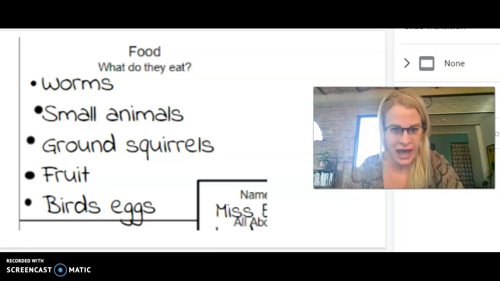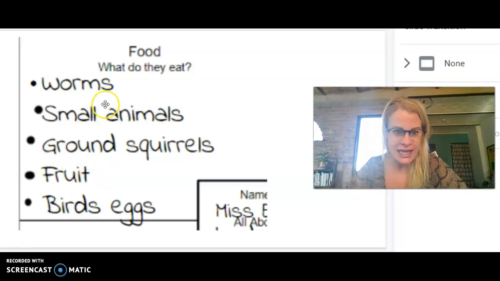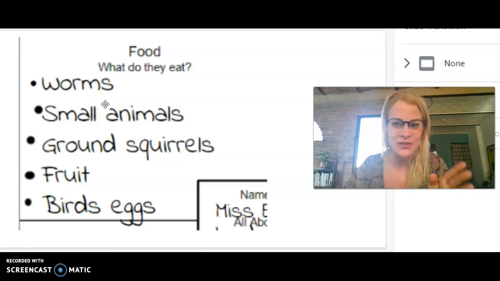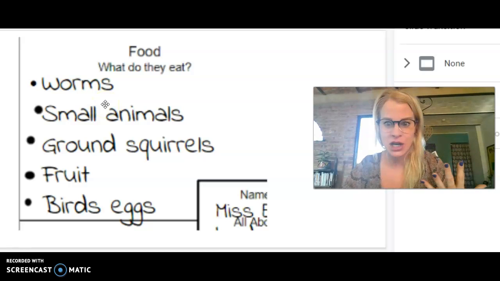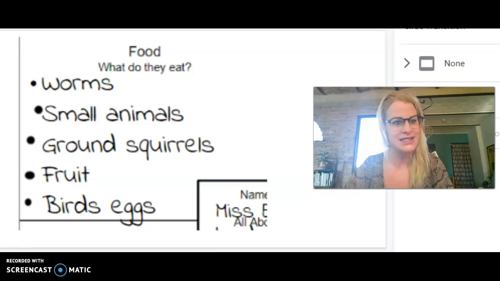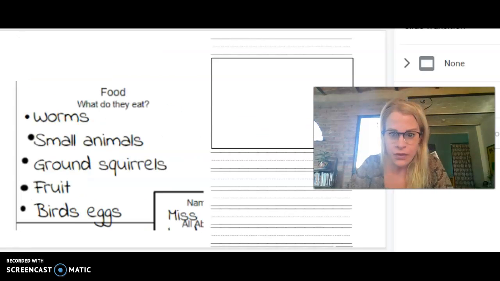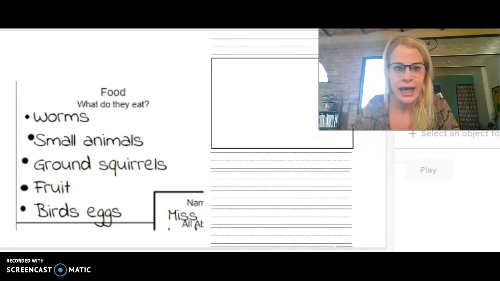So, okay, food. What do they eat? I want to put this information into a teaching book. So I want to write proper sentences. So I need to get some book paper and get started. All right. Just going to move myself out of the way.